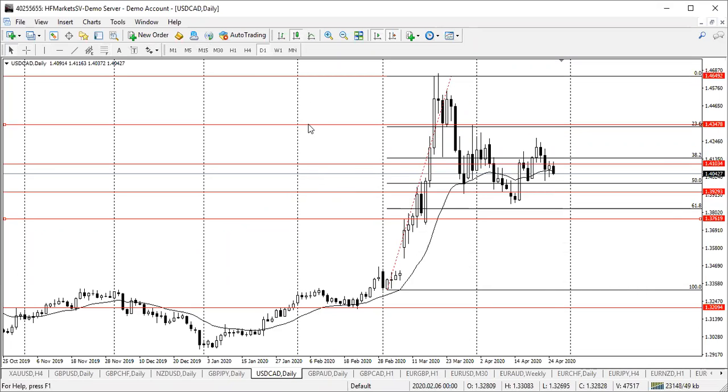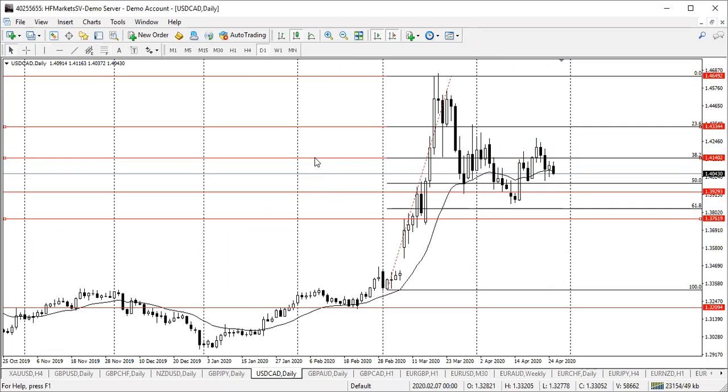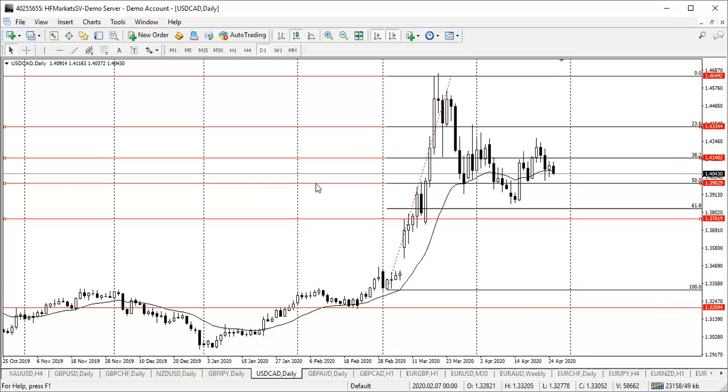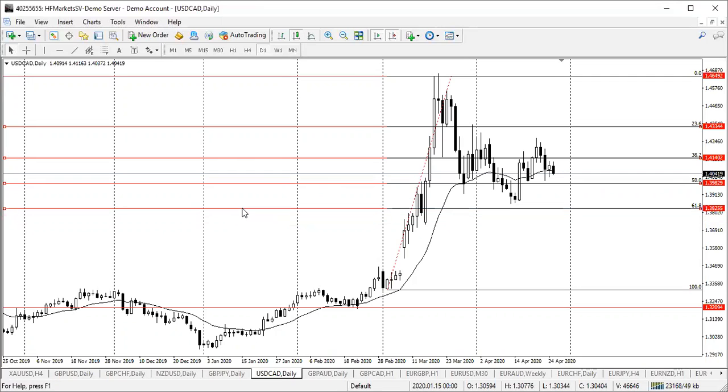Let me adjust. I draw my fib, I mark the key levels, and then I wait. So that's my process in just 3 steps: set my fib, mark my key levels, and I wait.